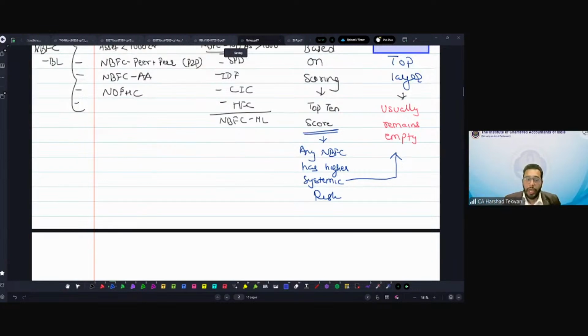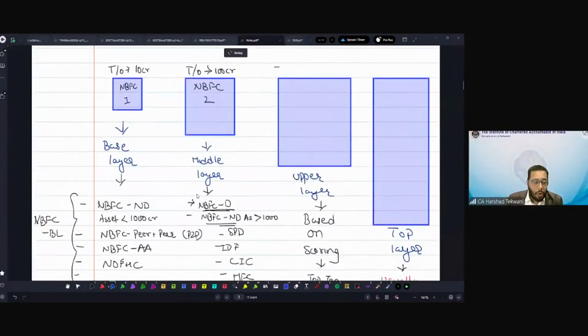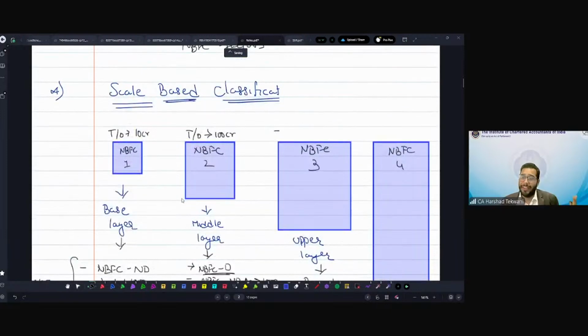In that case, I will say that this has a higher systemic risk, and it will be transferred to the top layer. So this is how layerings are there. The higher the layer, the higher the regulations applicable. So this is how the scale-based regulations work with respect to layer-based classification.